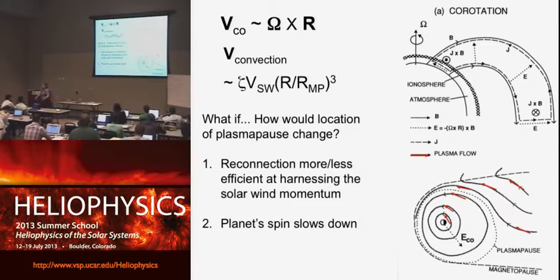One could think of all sorts of reasons for a planet's spin to slow down, such as having a moon or interacting with another planet, interacting with the sun. Extrasolar planets are in synchronous orbit with the star, spinning very slowly. What's going to happen to the region dominated by rotation when you turn that spin rate down?